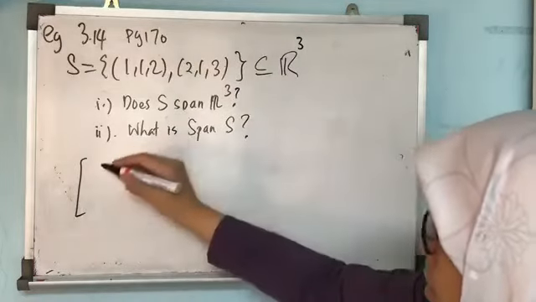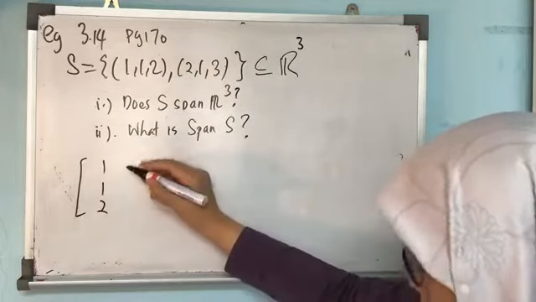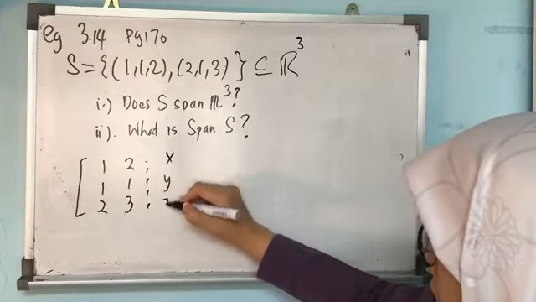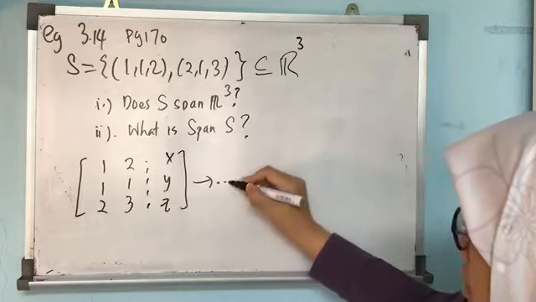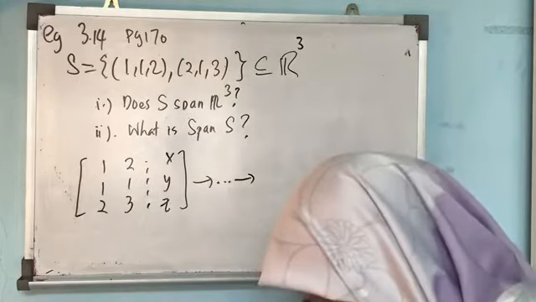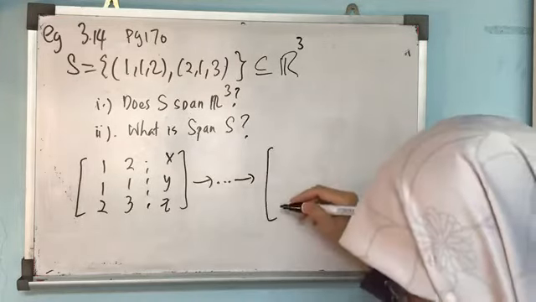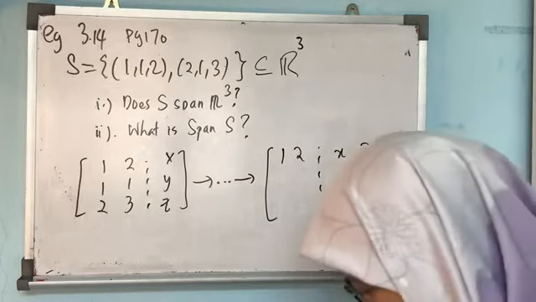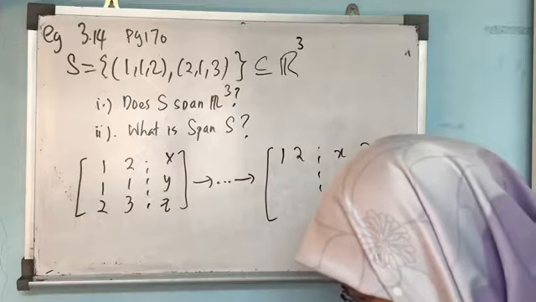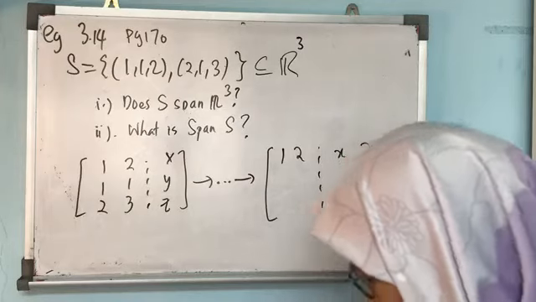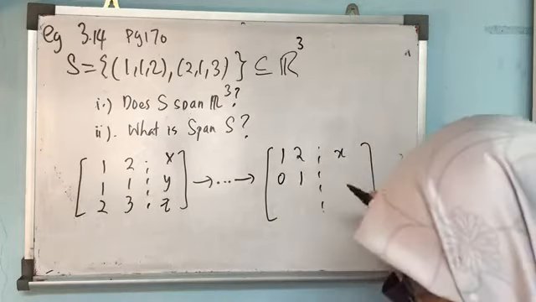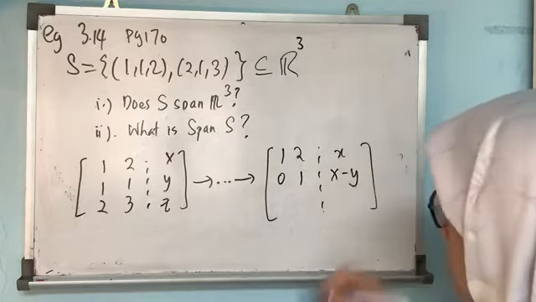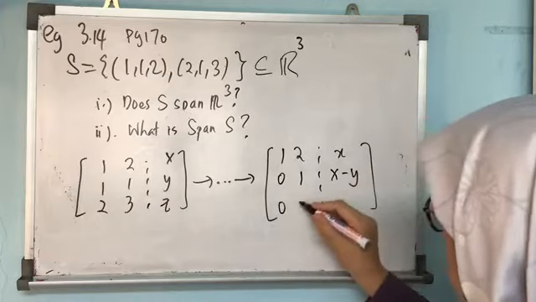Okay, this is 1, 1, 2, 1, 3, X, Y, Z. Okay, you will get 1, 2, X. I make it 1 here. And 0, 0.